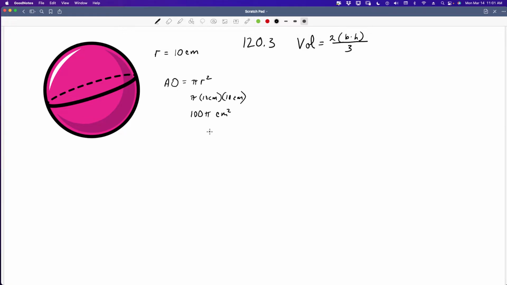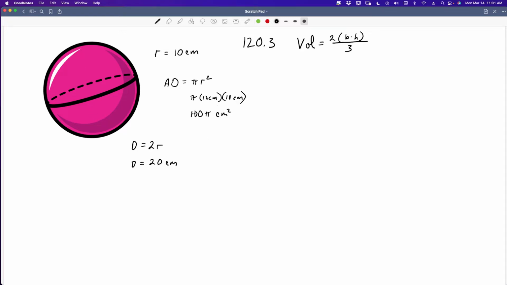Now the height is going to be the same thing as the diameter. If the radius is 10, we know that the diameter equals 2 times the radius. So 2 times 10, the diameter is going to be 20 centimeters, because we have a radius of 10 this way and a radius of 10 this way. So that is the height, 20 centimeters.